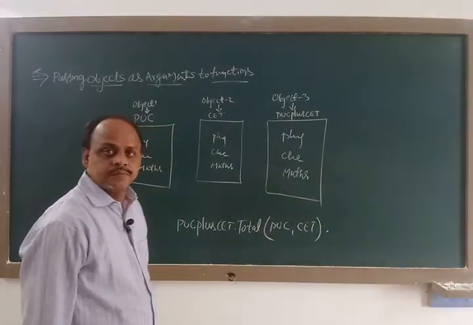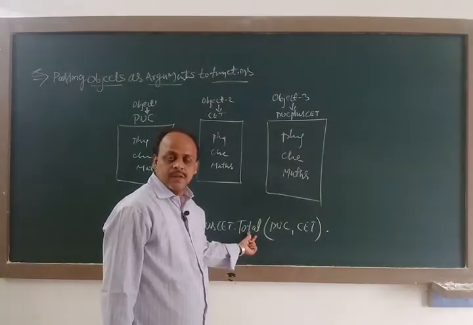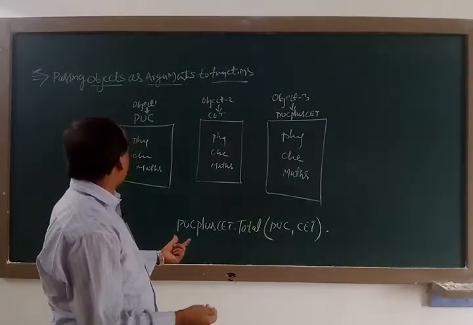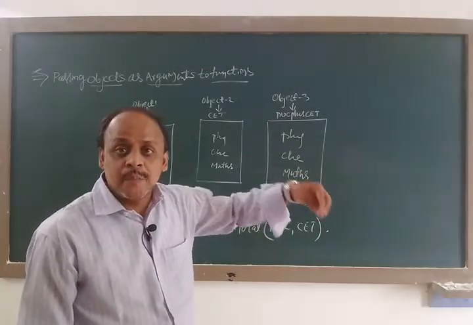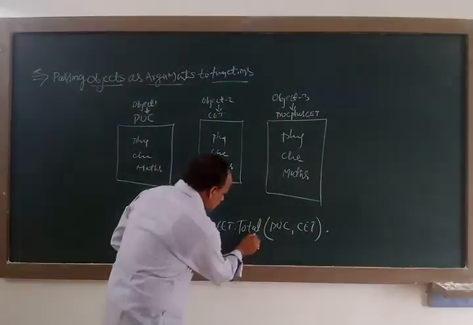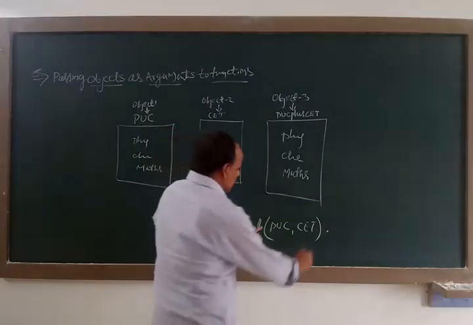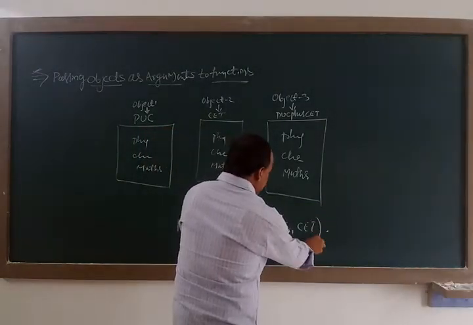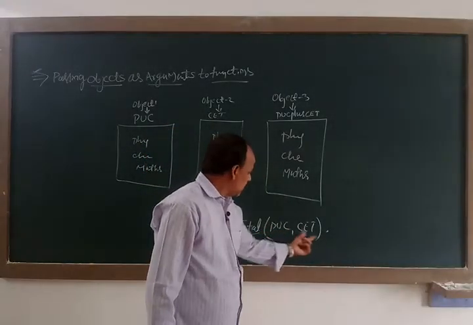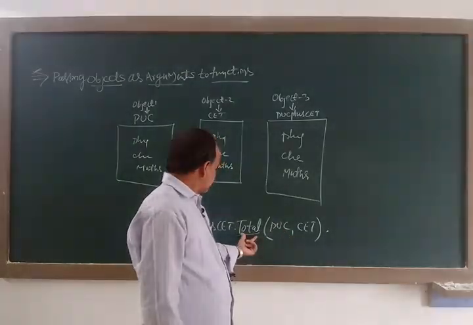Just see here, this total is a function. The thing we are going to discuss here is passing objects as arguments to function. This total is nothing but a function. Arguments or parameters are nothing but the things inside the open and closed parentheses. So now total is a function.